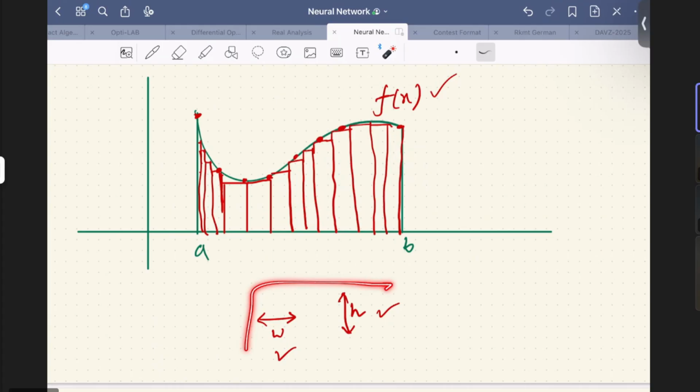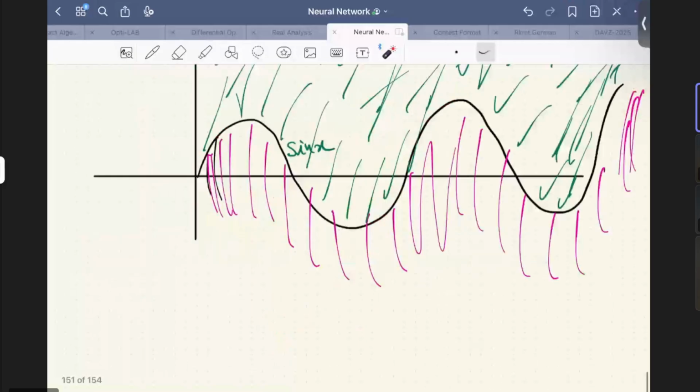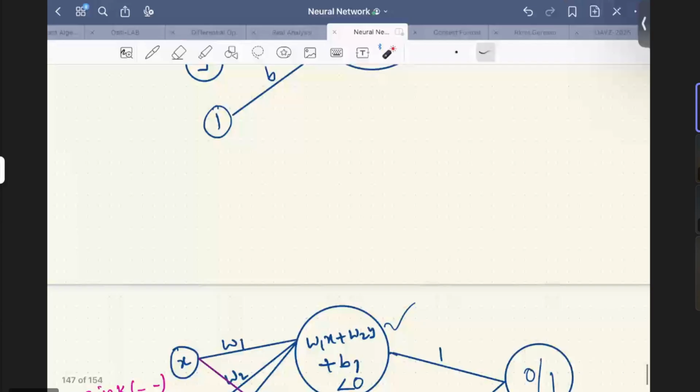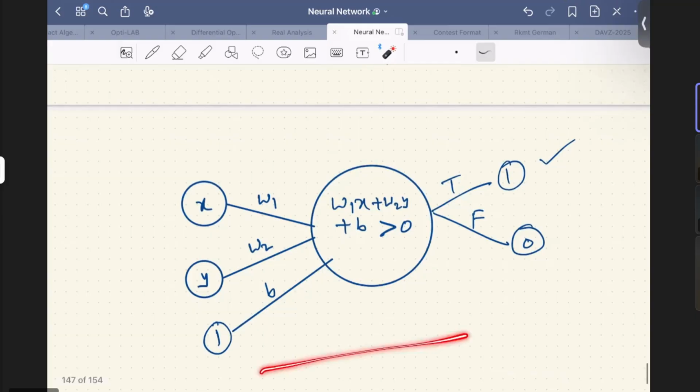Now how can I develop a single rectangle with a particular width and a particular height, using this same simple concept? Now think of how that is possible.